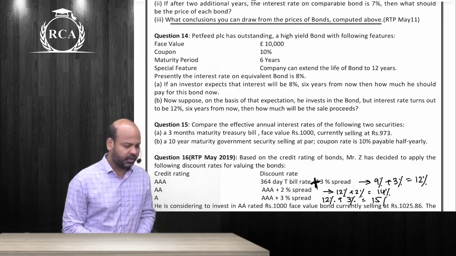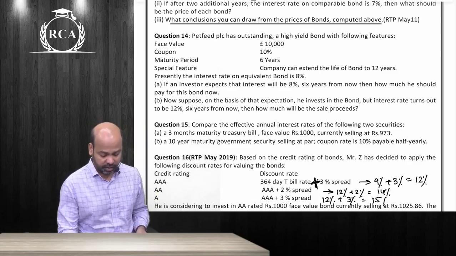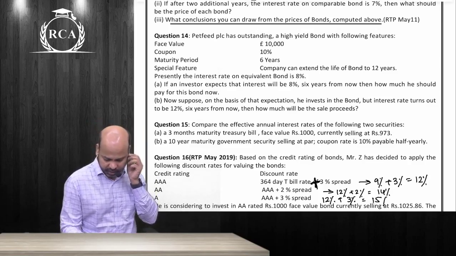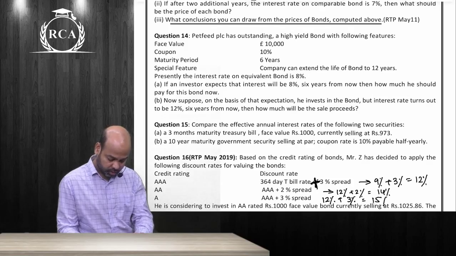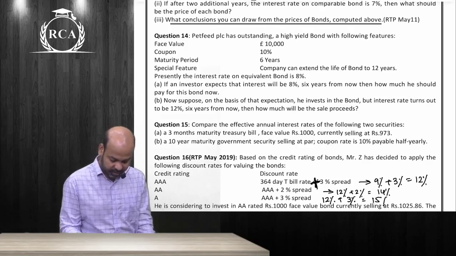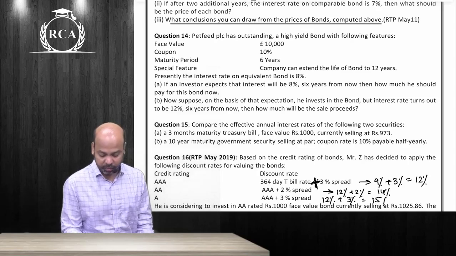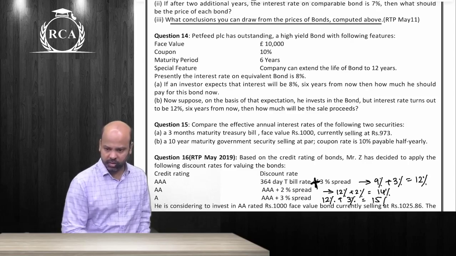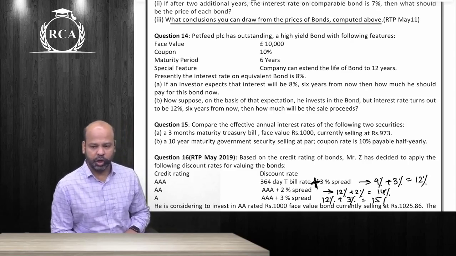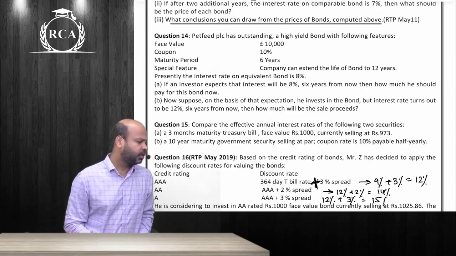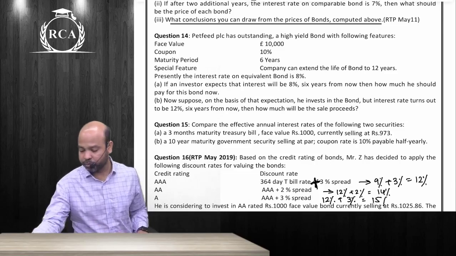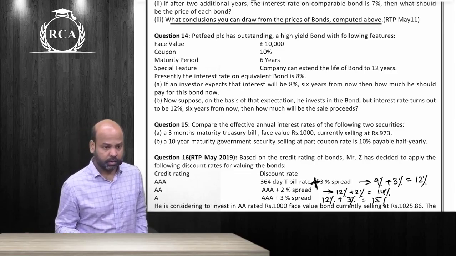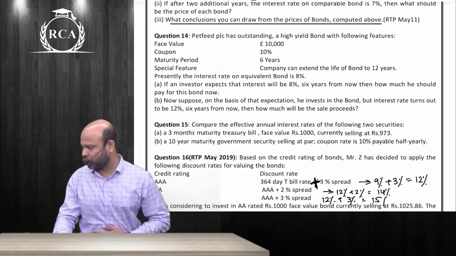If the prevailing interest rate continues to be 8%, the company will not extend the maturity of the bonds to 12 years.